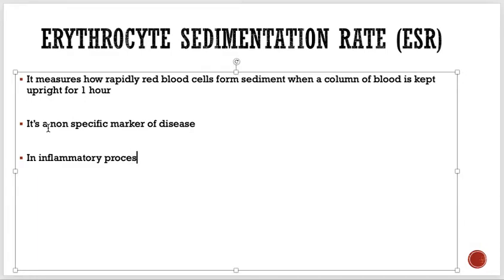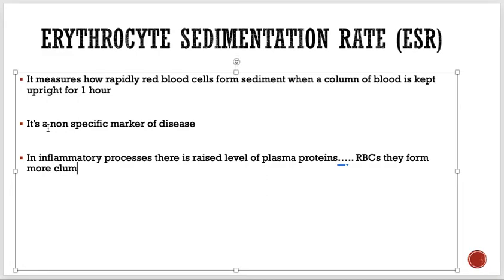So in inflammatory processes, what happens? There is a raised level of plasma proteins, right? Now, because there is a raised level of plasma proteins, due to these plasma proteins the RBCs form more clumps, or more clumping is there.